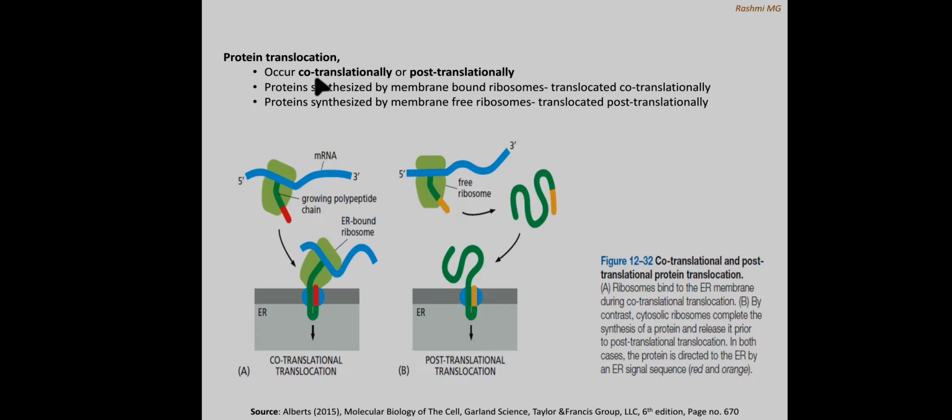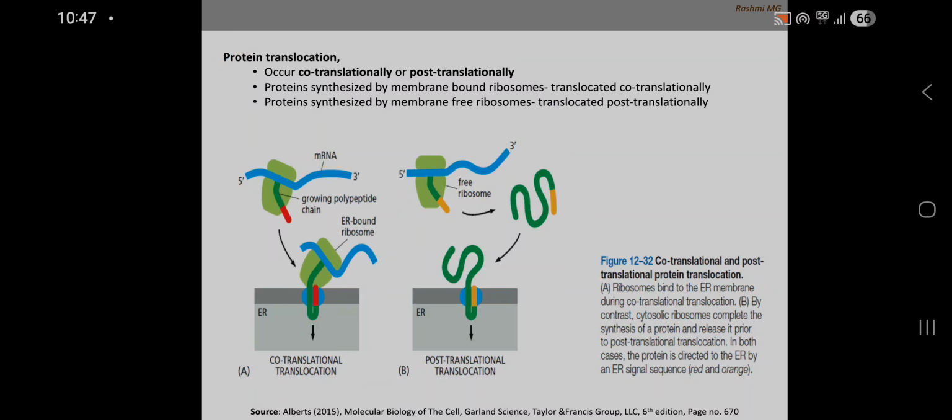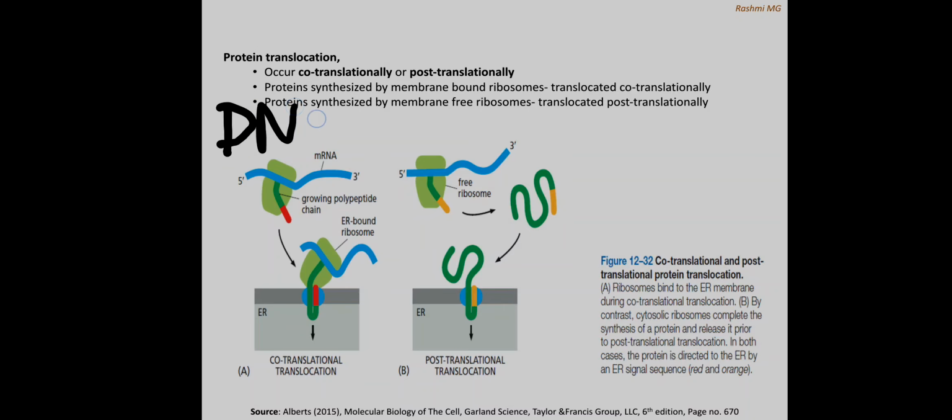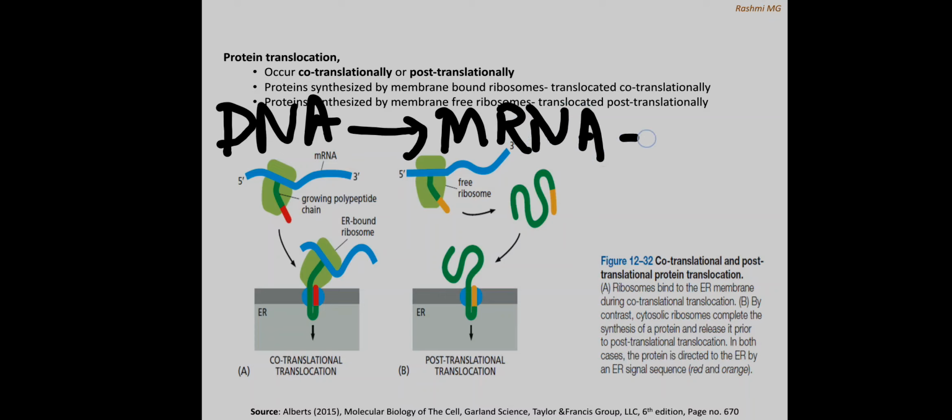Protein translocation occurs co-translationally or post-translationally. What is this co-translationally and post-translationally? You know the meaning of translation: the DNA is transcribed to form mRNA, and it is translated to the protein.